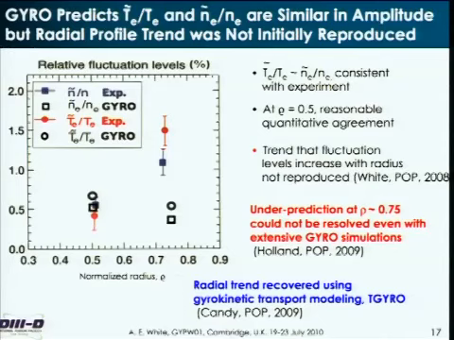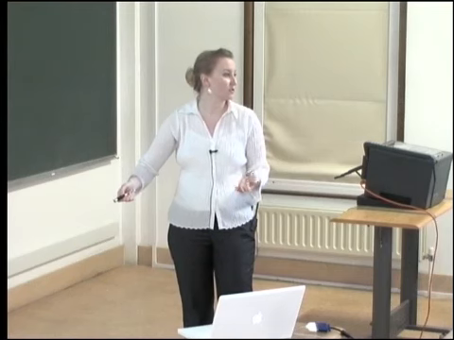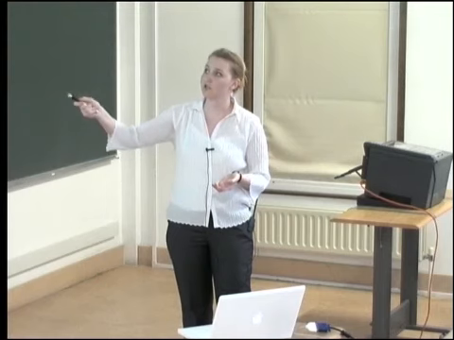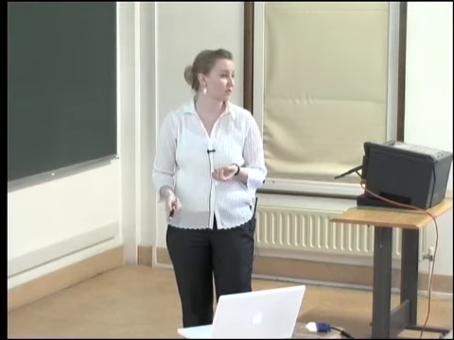Overplotted on that are the density and temperature fluctuations from GYRO after the application of the synthetic diagnostics for comparison. Again, it predicts the similar amplitude, consistent at both radii, but using traditional simulations that take experimental profiles as input, it cannot reproduce the trend that the fluctuation profile should increase with radius.